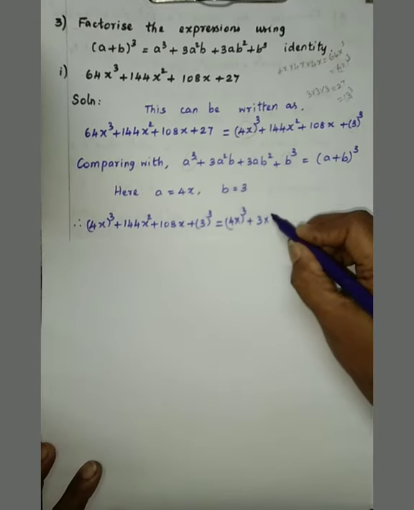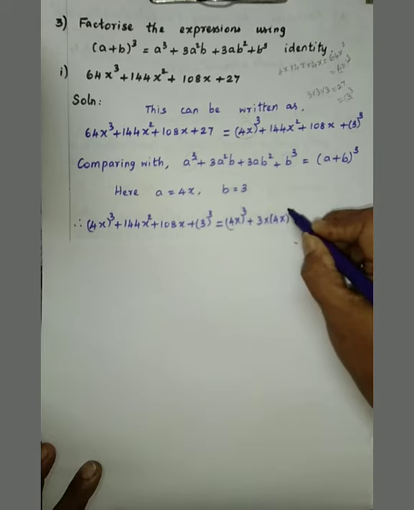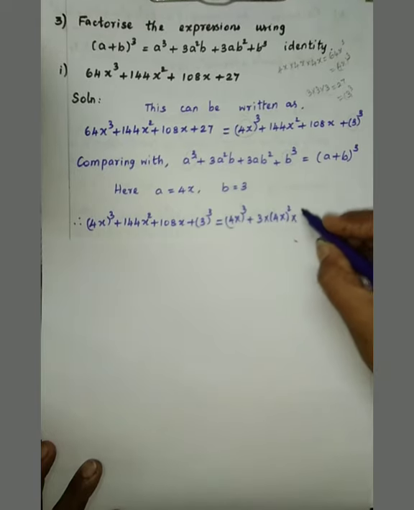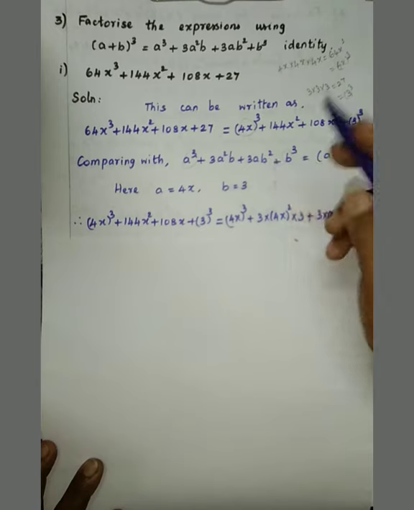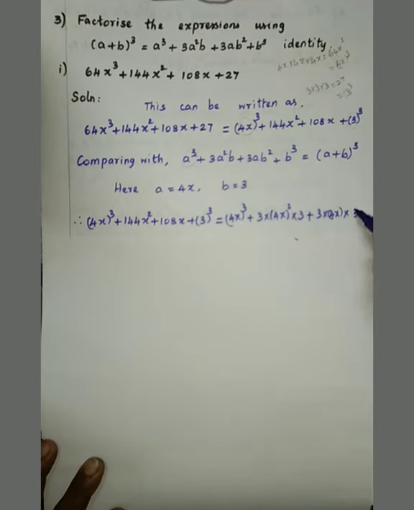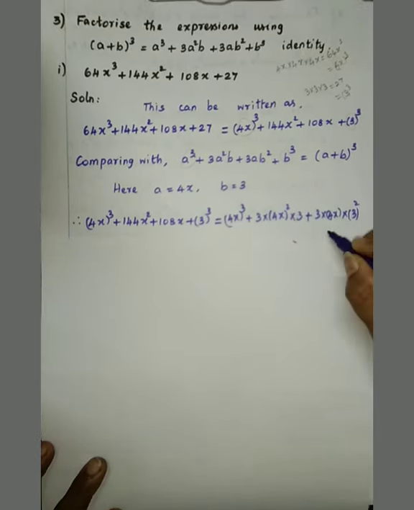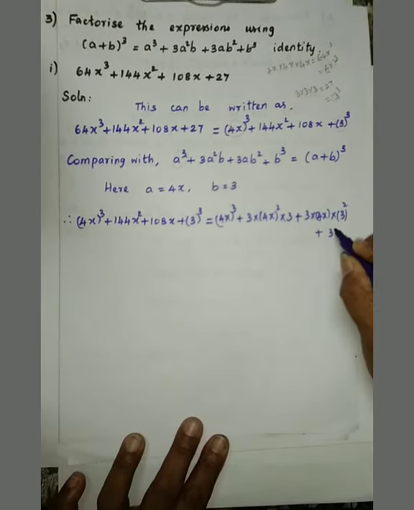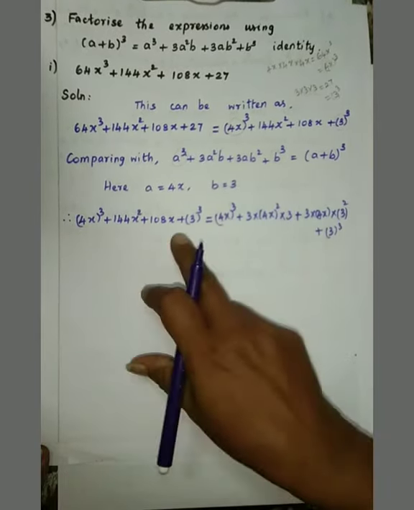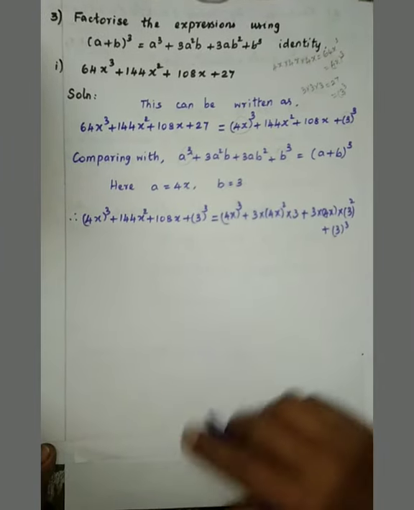A square is (4x) the whole square, into b value is 3, plus 3 into a is 4x and b square, b is 3, so 3 square, plus b cube. B cube is 3 cube. So the given question we have written by using the identity.